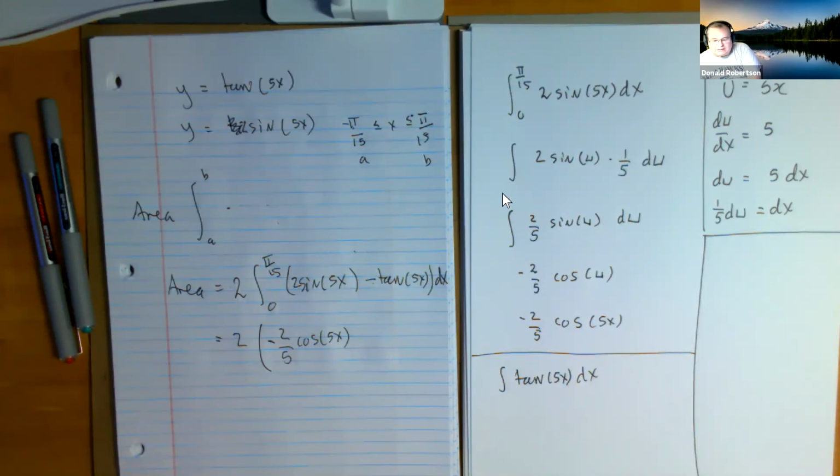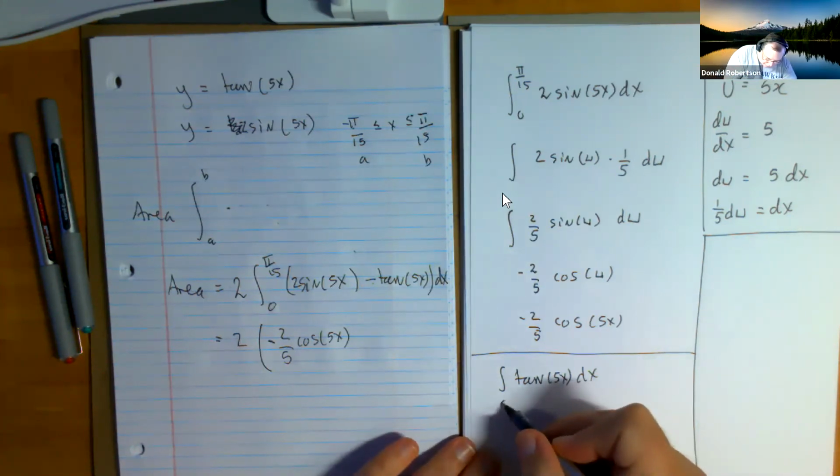And there isn't a u-sub of 5x that is going to help me. If I did a u-sub of 5x, do you know all I would end up with is 1/5 the tan of u, and I still don't know what the antiderivative of tan u is, unless I guess I'll go online and find out what the answer is because someone else has done it. So I'm going to do it from scratch.